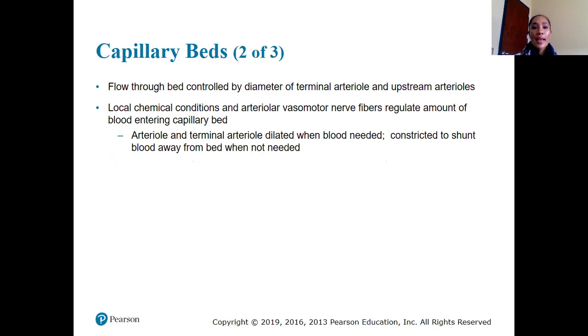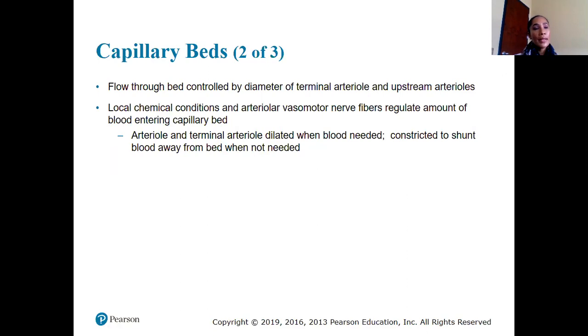So flow through the bed will be controlled by the diameter of a terminal arteriole and upstream arterioles, meaning that flow through the capillary bed is going to be determined by the size of these terminal arterioles. Then we also have local chemical conditions and arterial vasomotor nerve fibers that will continue to regulate the amount of blood that will enter the capillary bed.